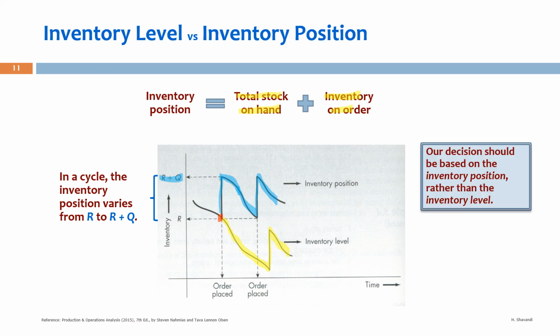So in general, we need to know if we have inventory on order that is supposed to be in our stock soon, and we need to consider this instead of inventory level for our decisions. In the next section, you will see how we consider the inventory position in making our decisions.